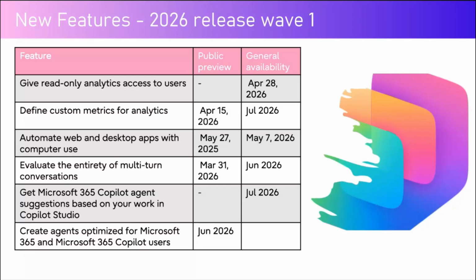The next one is evaluating the entirety of a multi-turn conversation. That one has also been in preview since 31st March 2026, and it's going to be generally available in the upcoming month, not far away. But you can still use it in preview currently. I'm going to show that as well in a few seconds.